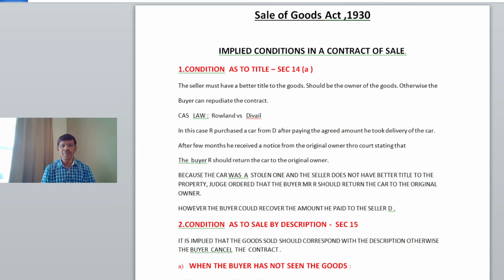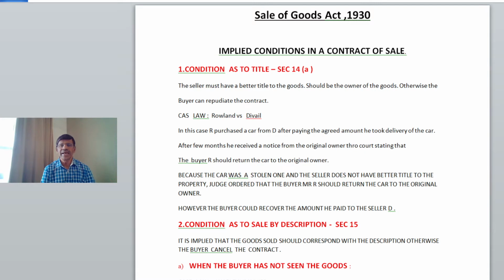I would like to explain with a case law, Rowland versus Divine. In this case, R purchased a car from D. After paying the agreed amount, the buyer took delivery of the car. After a few months, he received a legal notice through a court of law from the original owner, stating that he should return the car to the original owner.